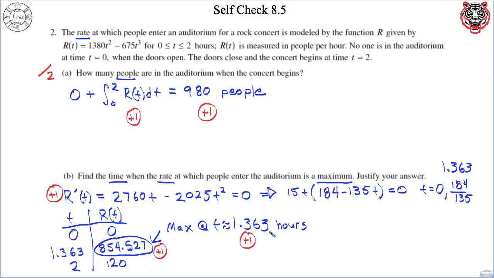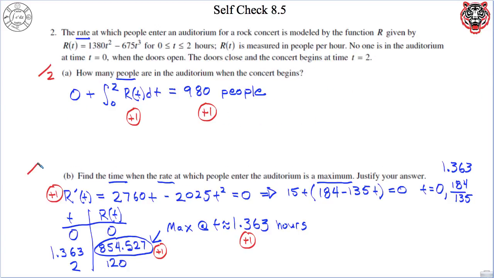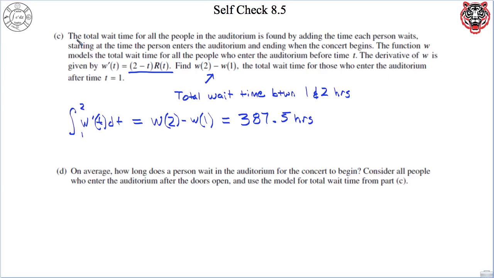So the conclusion is 1 point, finding the critical point, the y value is 1 point, and setting the derivative equal to 0. All right, part C, 2 points. I forgot to do this, out of 3. And then this one is going to be out of 2 points for C. The 2 points come from getting this integral correctly, knowing that you were supposed to use the integral, and finally getting your answer with correct units.